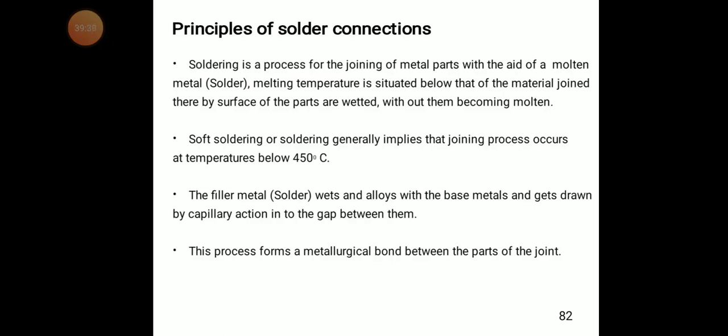The filler metal wets and alloys with the base metals and gets drawn by capillary action into the gap between them. This process forms a metallurgical bond between the parts of the joint.